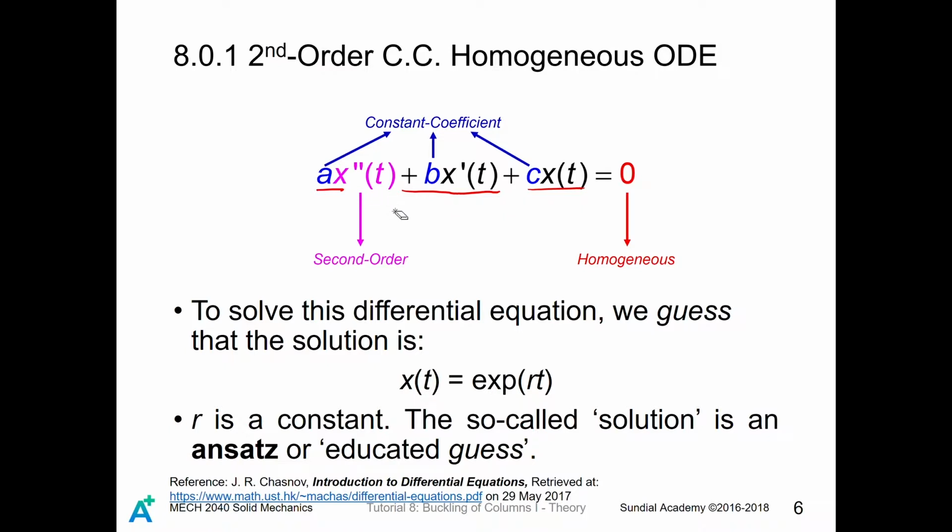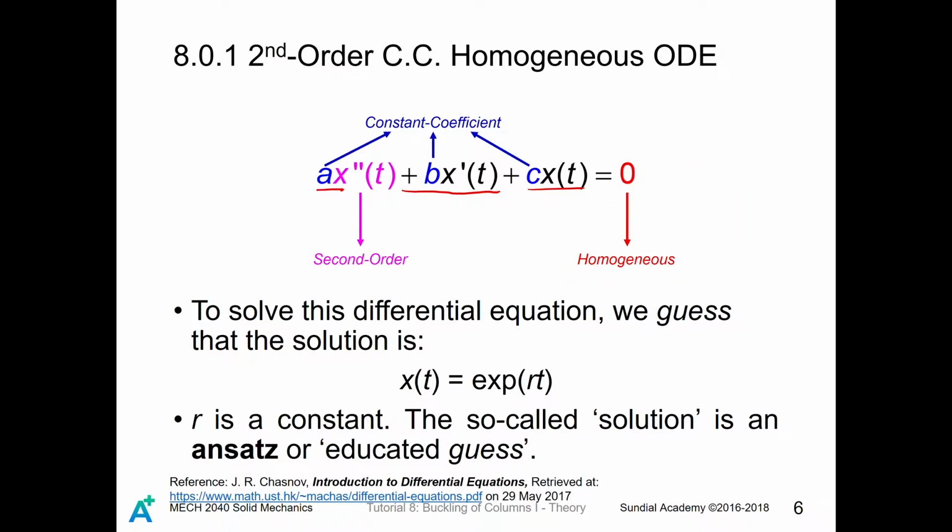It is of second order because the term with the largest differentiating order is x double prime, x differentiated twice. It has constant coefficients a, b, and c. And this ODE is homogeneous because the right hand side is 0.